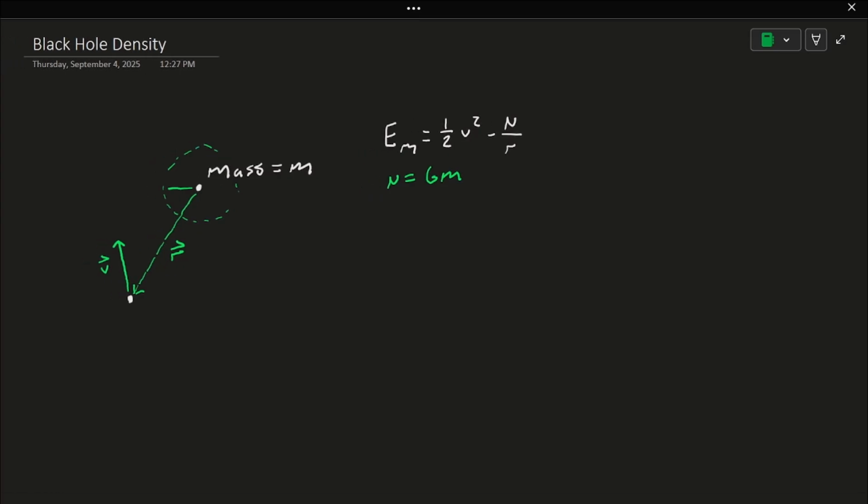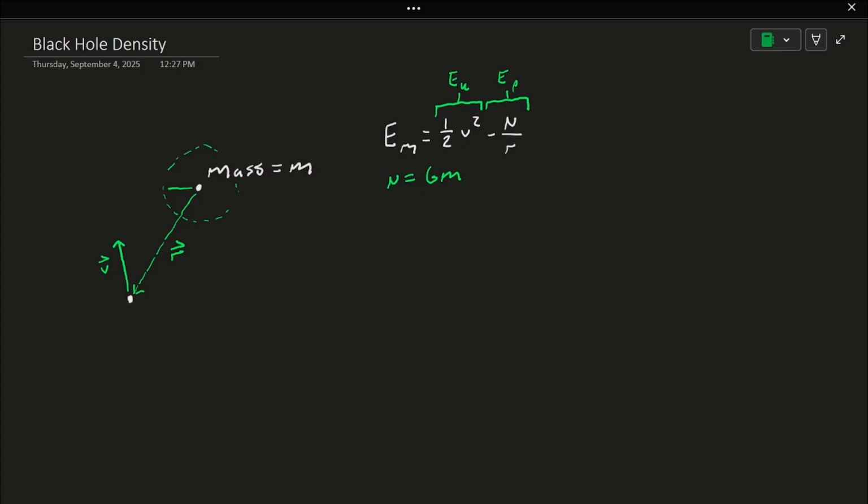So you can see from this equation that we're kind of adding together the kinetic energy and potential energy. This bit is, of course, kinetic energy, so we'll call that EK. And this bit takes a little bit of explaining, but we'll go over it. This bit right here is actually our potential energy, so I'll call that EP.